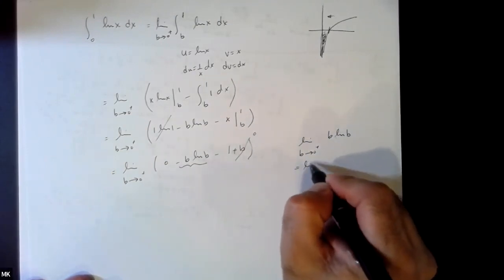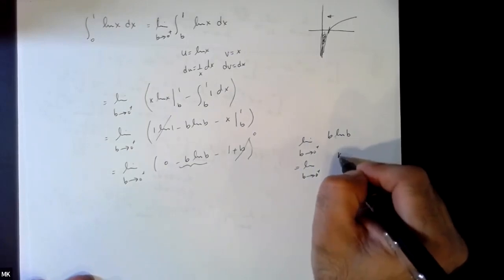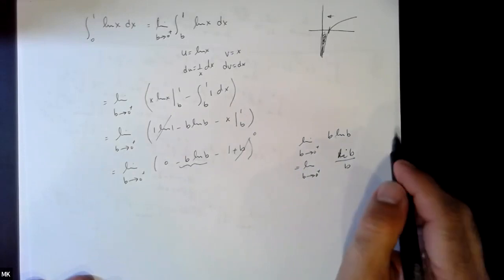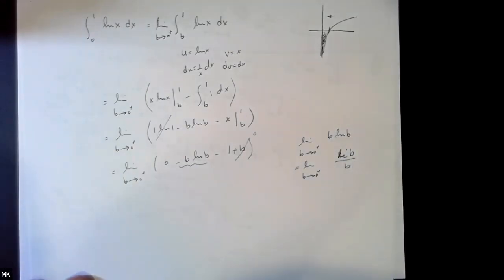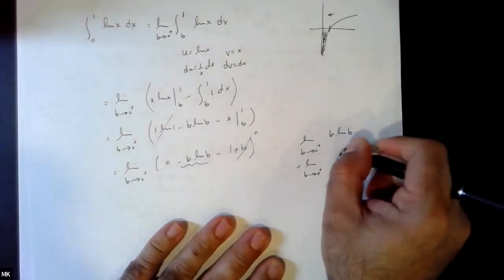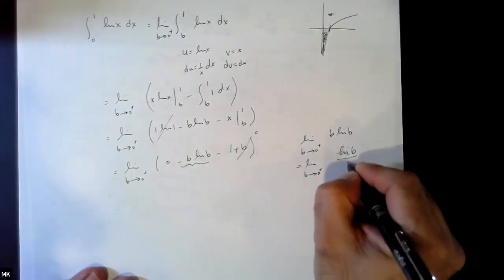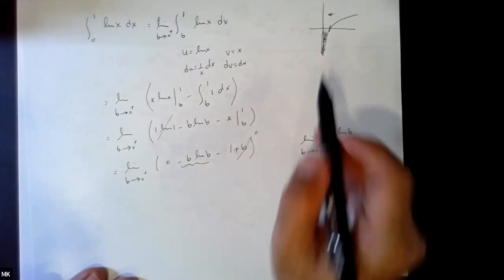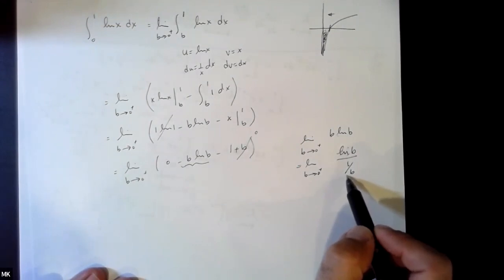So I'm going to rewrite it as the limit as b goes to 0 from the positive side of ln of b over 1 over b. Something that goes to negative infinity, ln of b as b goes to 0 from the positive side goes to negative infinity, 1 over b as b goes to 0 goes to infinity.